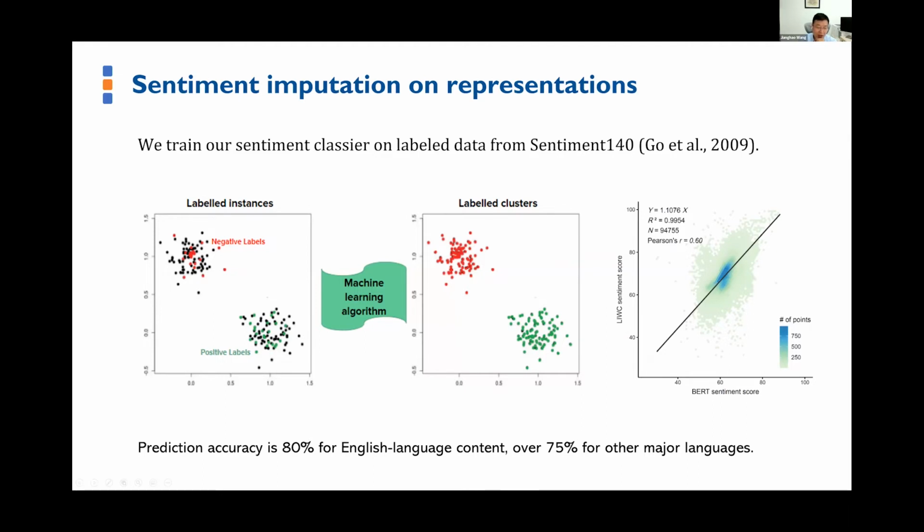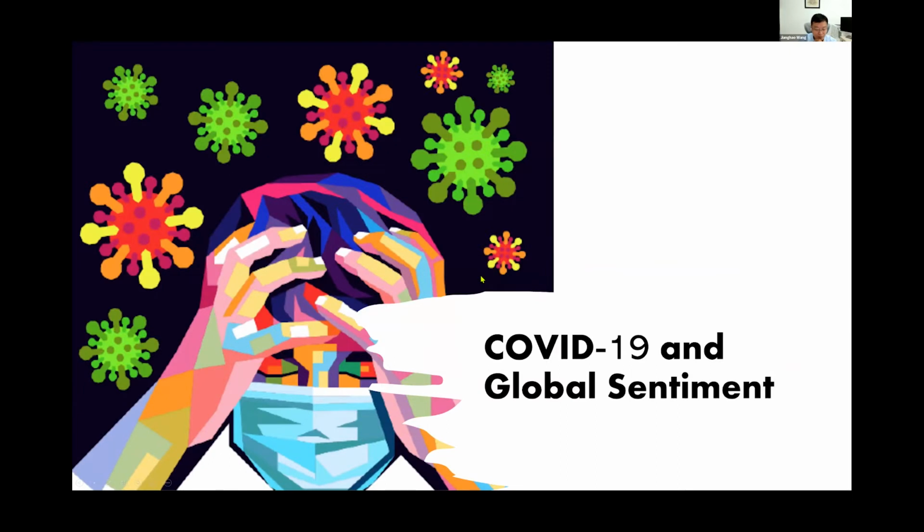We found our predictive accuracy is over 80% for English language content and 95% for other major languages. For each post, we assign a sentiment score between 0 and 100 to indicate the happiness level.